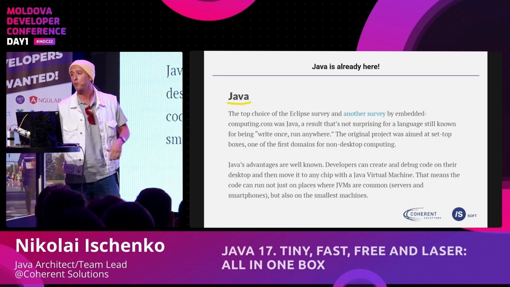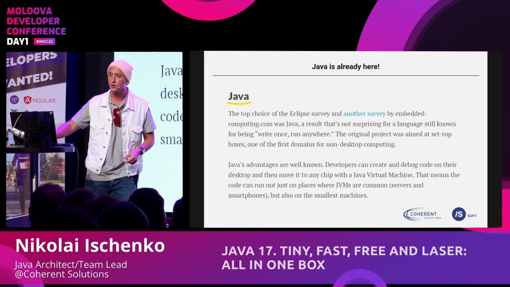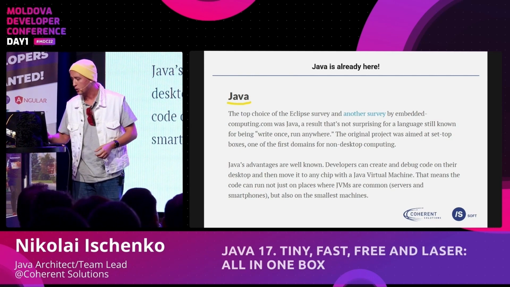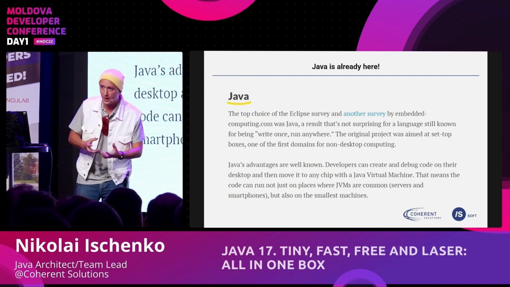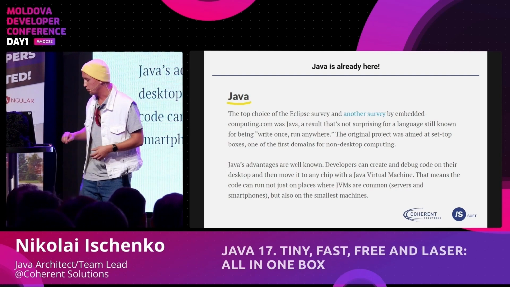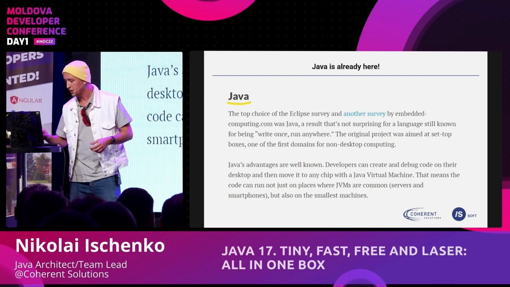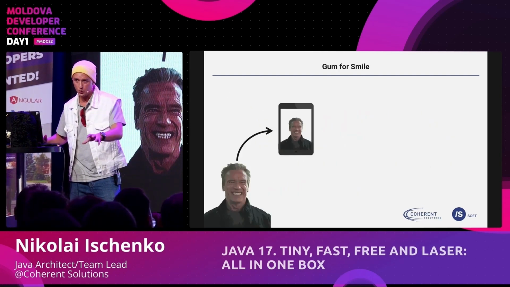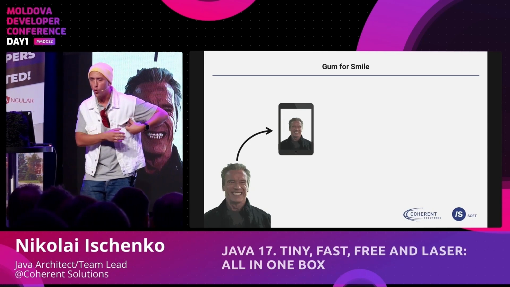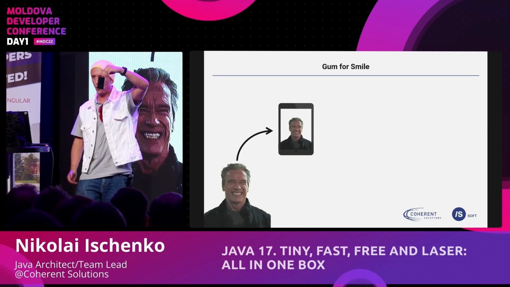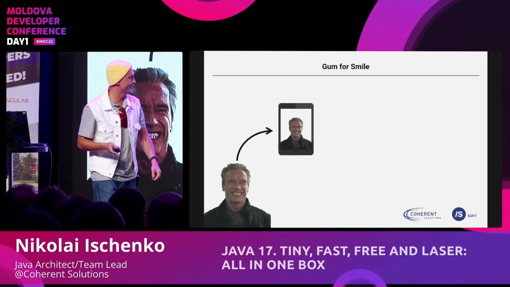For now, Java is the most popular language you can use if you want to develop something in the IoT world. And I've already done something, and I want to share some of my experience of building a chewing gum machine. Okay, it's a clicker.